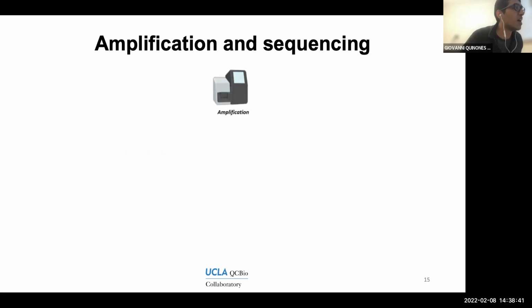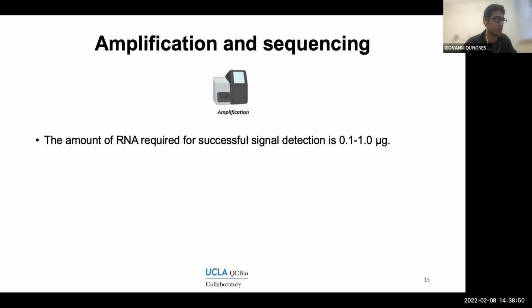The next step in our pipeline is the step of amplification and sequencing. And I wanted to motivate this a little bit by showing you some numbers.